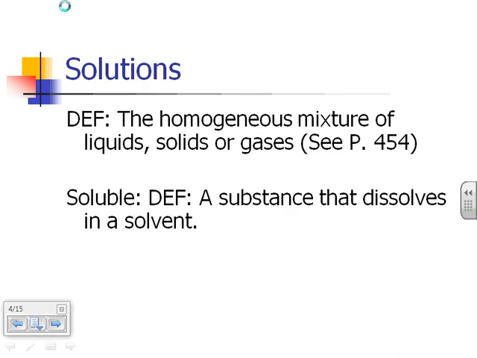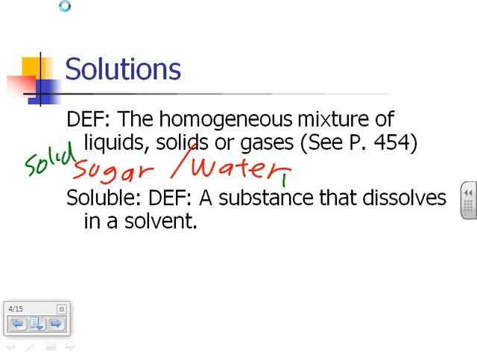Soluble, another term that we can think about. Soluble is a substance that dissolves in a solvent. If something is soluble, that means it dissolves in it. Sugar is soluble in water. So here we have a solid and a liquid.